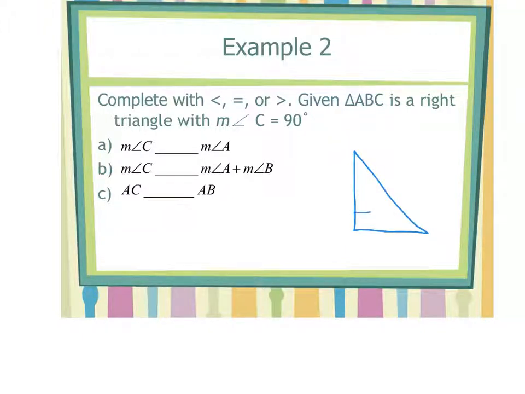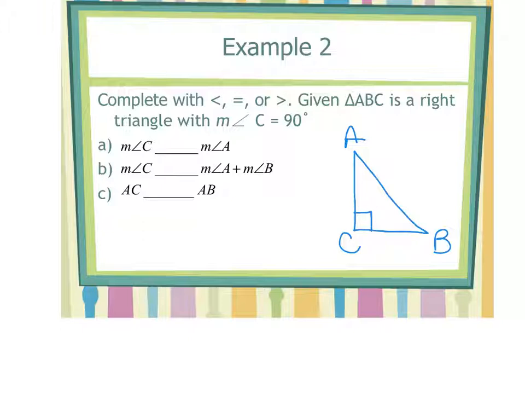So I'm going to go ahead and draw, and it says given triangle ABC is a right triangle. The only stipulation on the angles was that C had to be the right angle. So it didn't matter where I put A and B, just as long as C was next to the right angle mark. Now that I have a visual, it wants us to fill in the less than, equal to, or greater than.